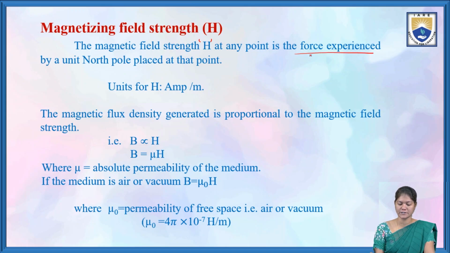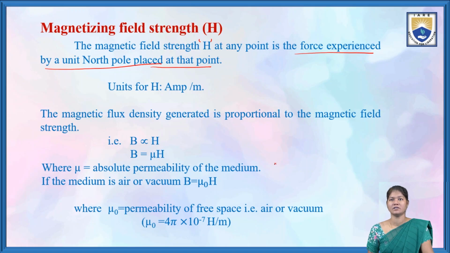So the unit for magnetizing field strength is ampere per meter.